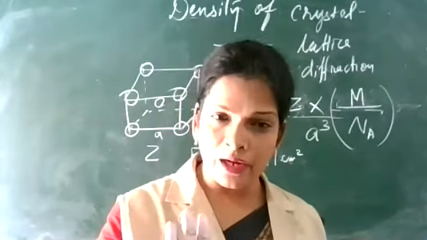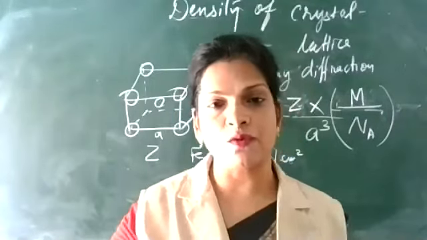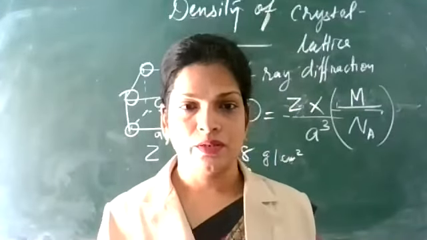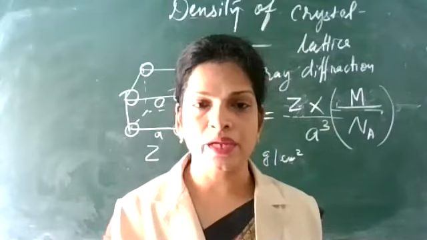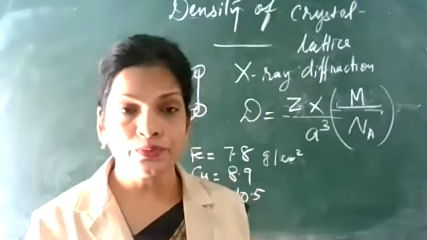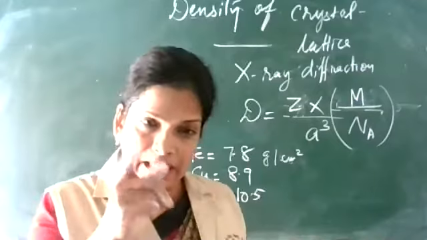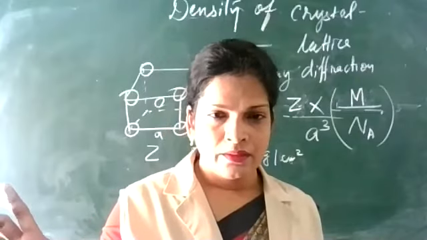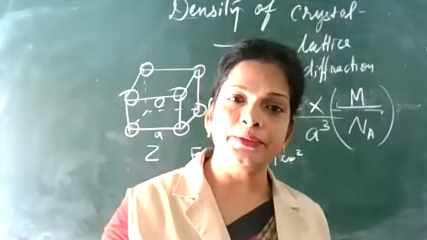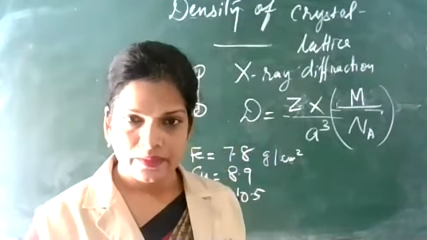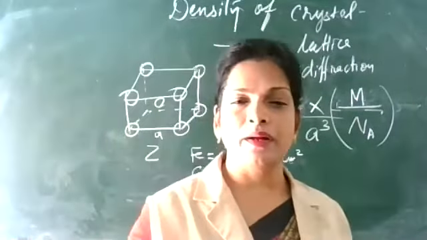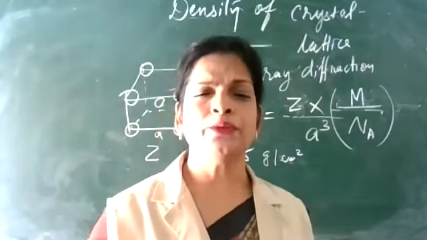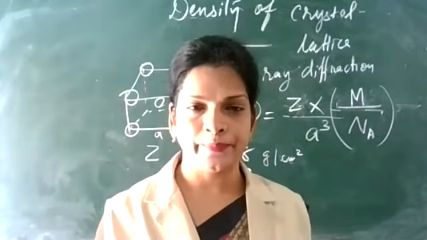But the question is for atomic mass, so when you write atomic mass, you write 63.3 u instead of grams per mole. If you write grams per mole for atomic mass, half mark will be cut. If you do not write u, then also half mark will be cut. So if it is asked for atomic mass, you should write u as the unit, capital U or small u, whatever it is.